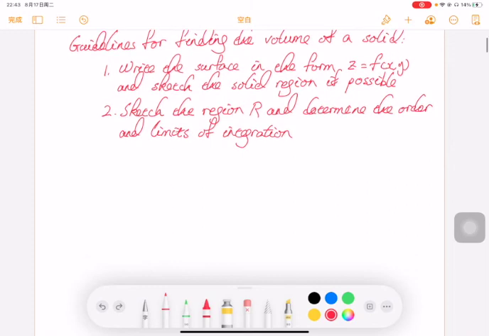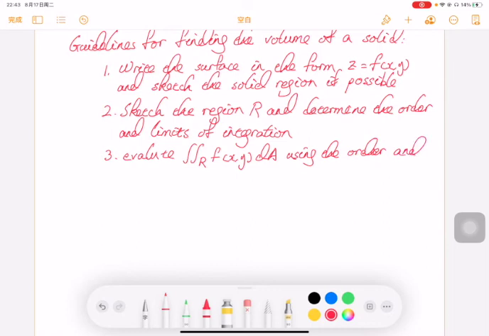All right, so the third step, of course, is to just evaluate the integral. And remember to use the order and limits that you determined in step 2.